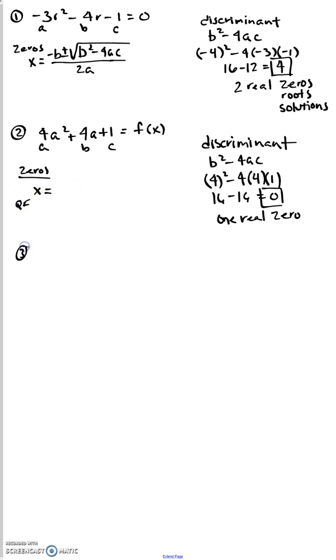The last one I want to look at in standard form is negative 4x squared plus 5x minus 9 equals negative 6, just a little different. And in order for me to solve it, it has to be in standard form, even if I'm finding the discriminant. So I'm going to rewrite it. And if I add 6 over, I have negative 3 equals 0.